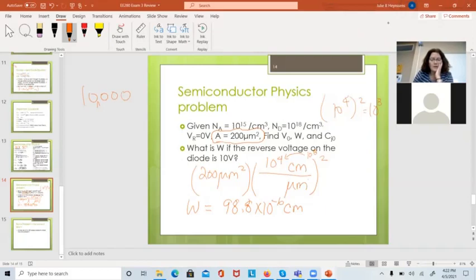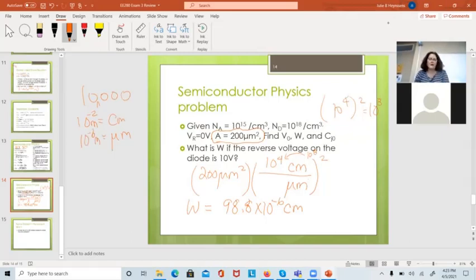Okay, there are 1,000 micrometers per millimeter. Each one of those is off by 10 to the 3. But remember, a centimeter is 10 to the minus 2 meters, and a micrometer is 10 to the minus 6 meters.